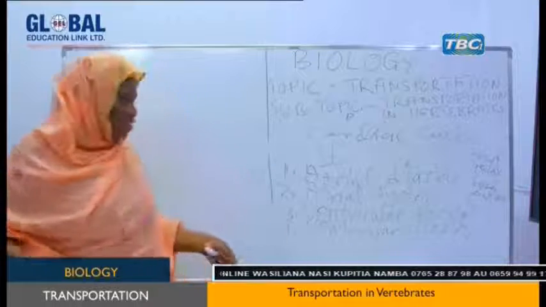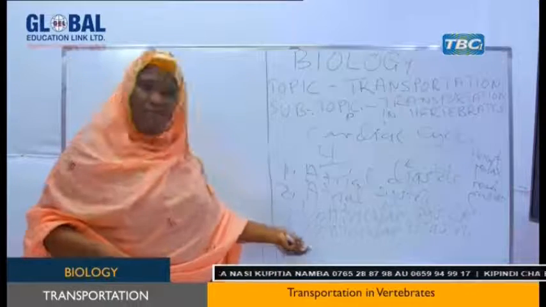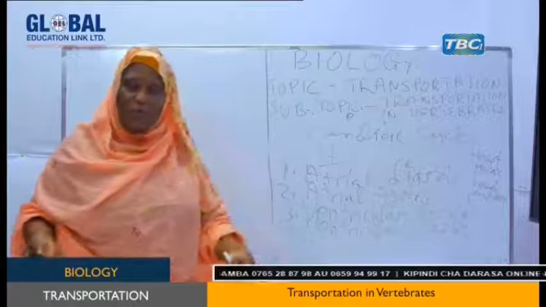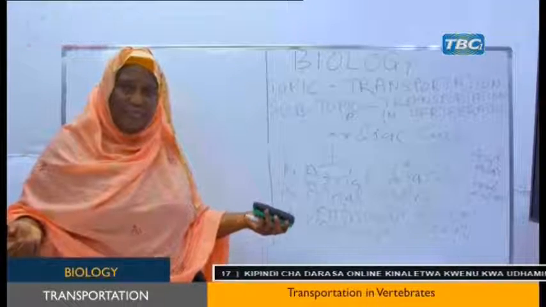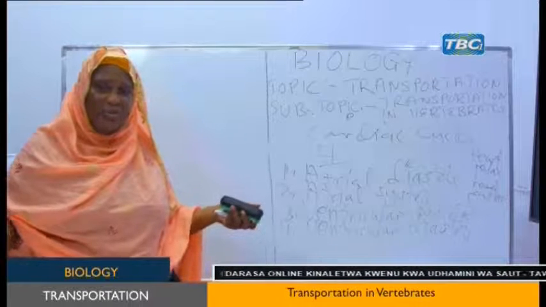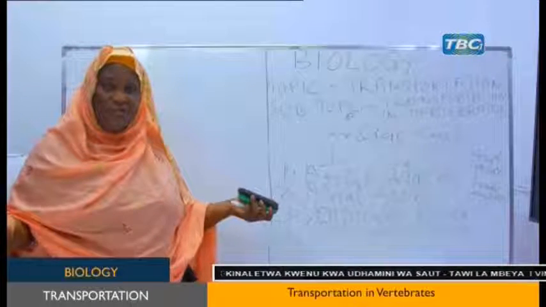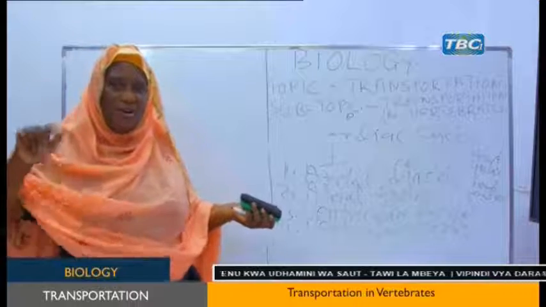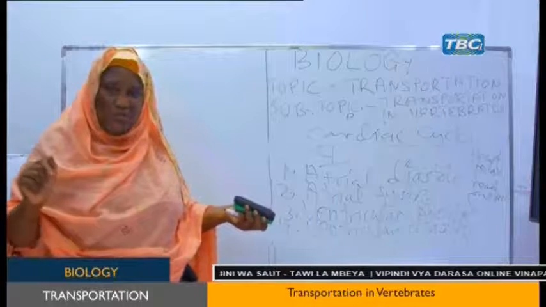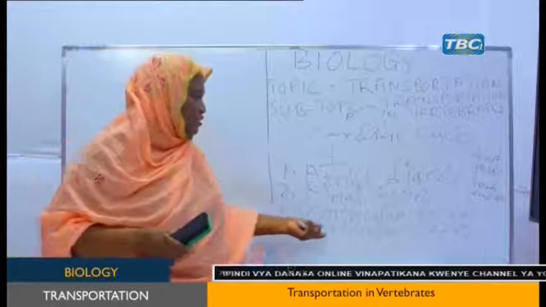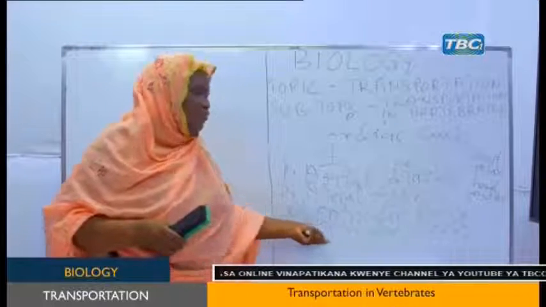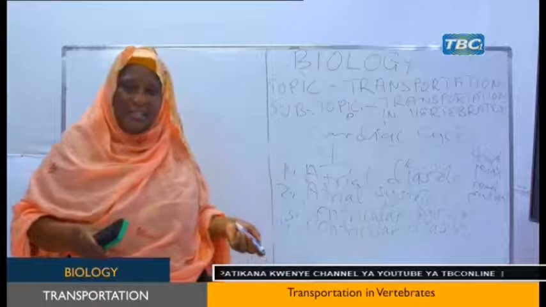The relaxation of these ventricles will allow now to receive blood. Blood will enter to ventricles again, and the cycle continues. The relaxation of ventricles is what is called the ventricular diastole.